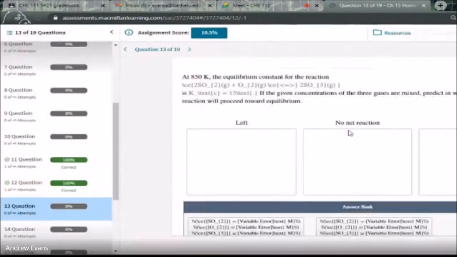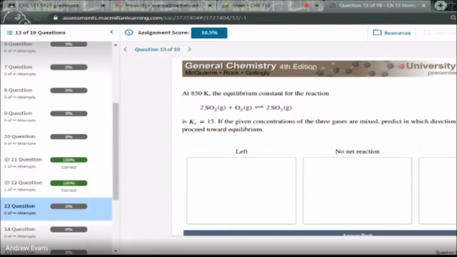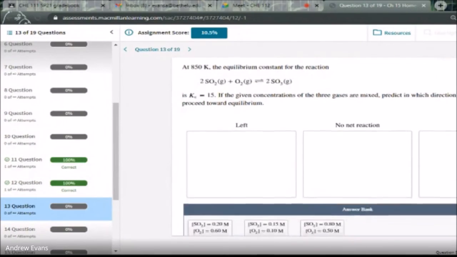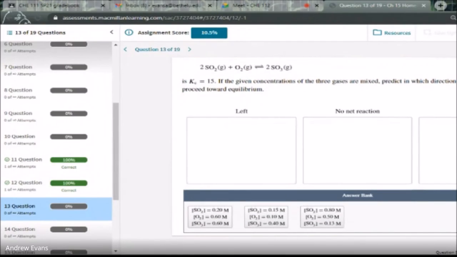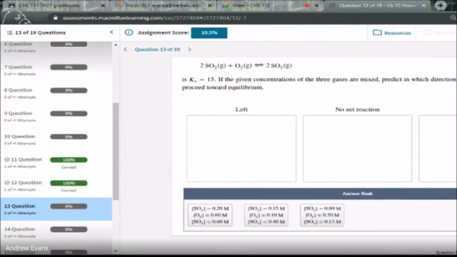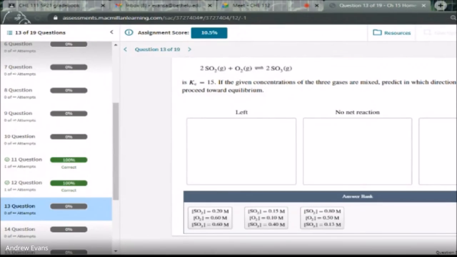Okay, this one's a Q versus K problem. If Kc is 15, what will happen when I mix these three gases? 2SO2 plus O2 goes to 2SO3. We saw this equation, but in reverse. They give us concentrations.